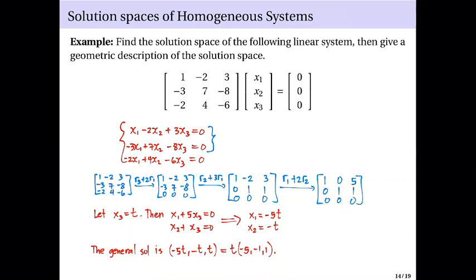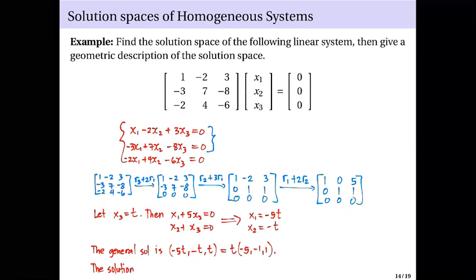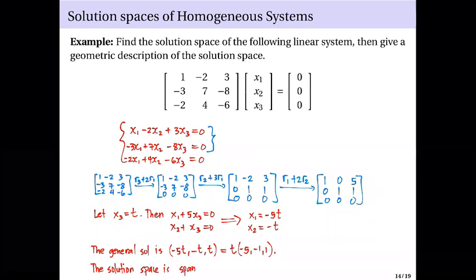Okay? So the solution space is the span of that vector, (negative 5, negative 1, positive 1). Okay?